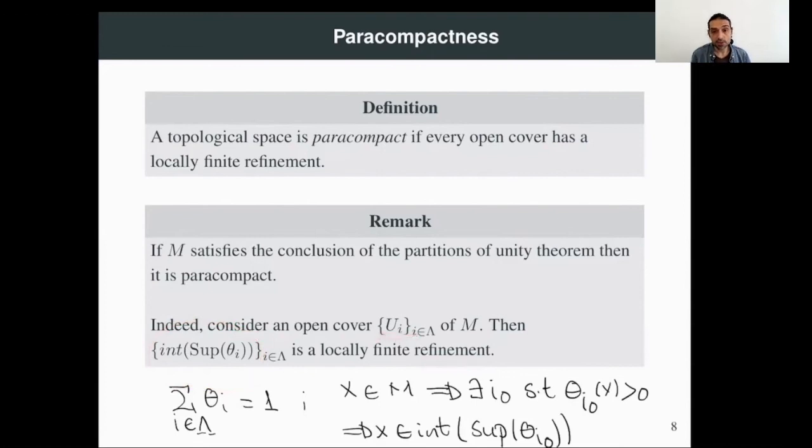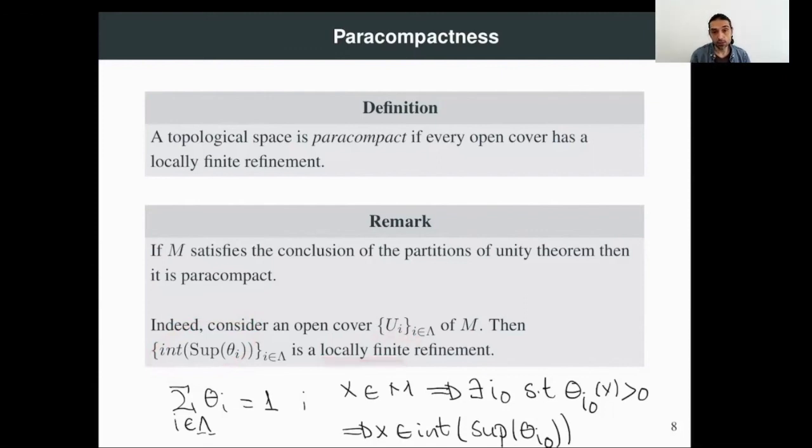It is obviously locally finite because the family of the supports of theta_i was already locally finite and the interior of the support is contained in the support. So this family is an open cover that is a refinement of the initial open cover, and moreover, it is locally finite.